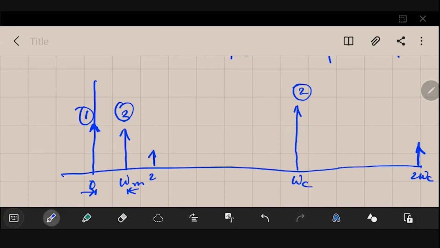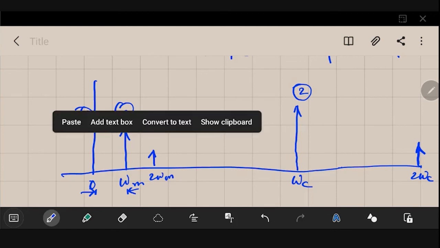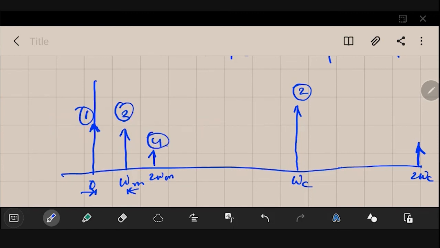So this is nothing but your term number 4. Then the term number 5 and 6. So term number 5 will be located here, omega C plus omega M, and then term number 6, which is here, omega C minus omega M. So these are the different frequency components which are actually present in that signal.